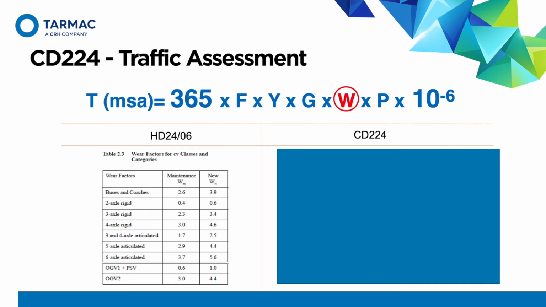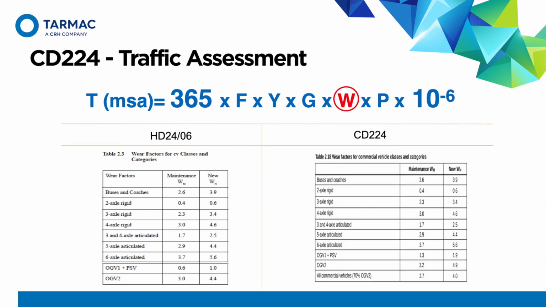It was previously given in HD24/06 either by category or by class, and similarly it is given in CD224 either by category or by class. In terms of changes in the numbers, by class, it stays the same. There is no change in the numbers. However, by category, there is a significant change, or to be more particular, a significant increase. Again, this is to reduce the risk of traffic underestimation.